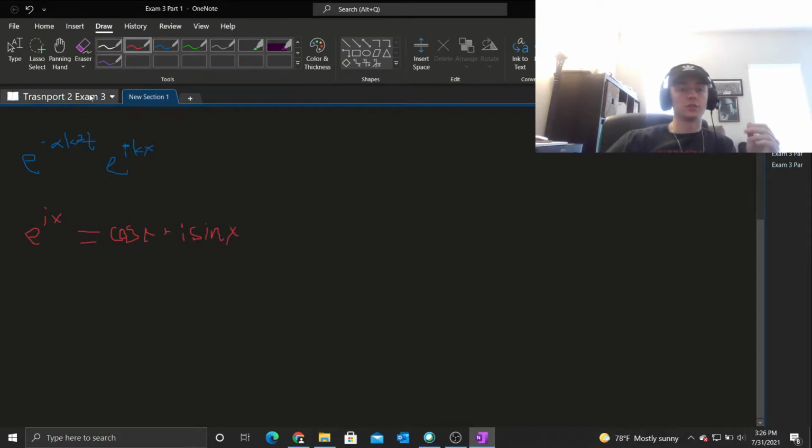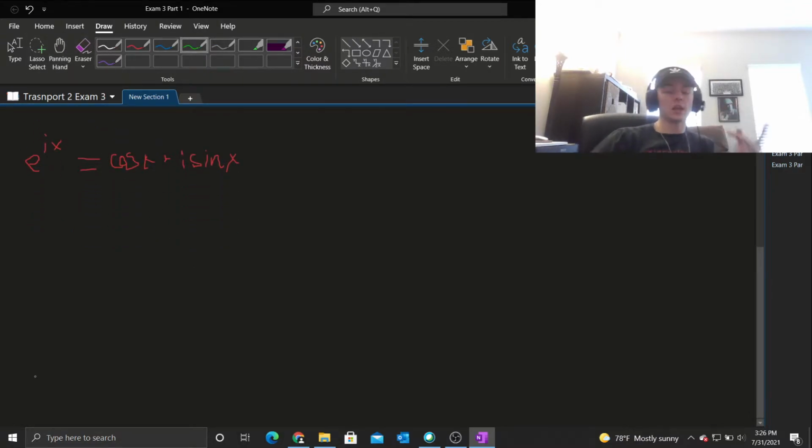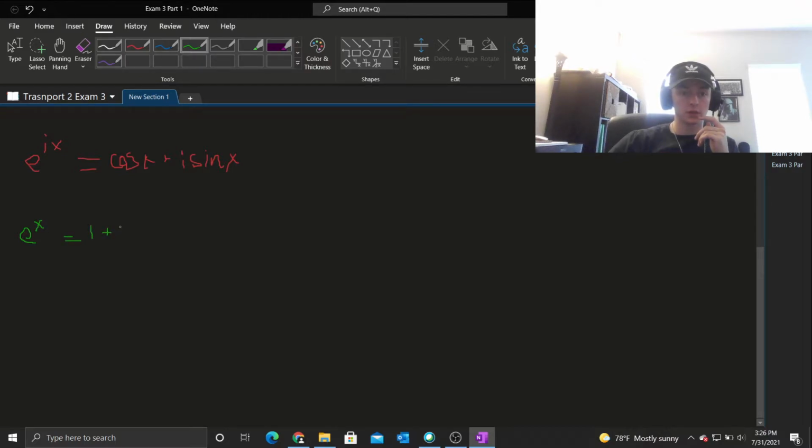I'll write all the Taylor series expansions in green here, for e to the x, cosine of x and sine of x. For e to the x, the Taylor series is 1 plus x plus x squared over 2 factorial plus x cubed over 3 factorial.